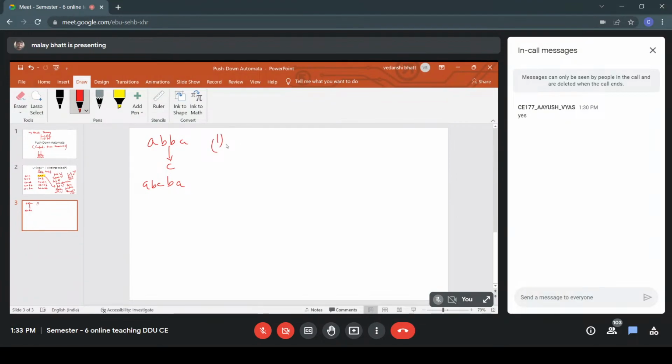This is our initial situation of the stack, that is Z0. Now we'll push A, that is the first symbol.